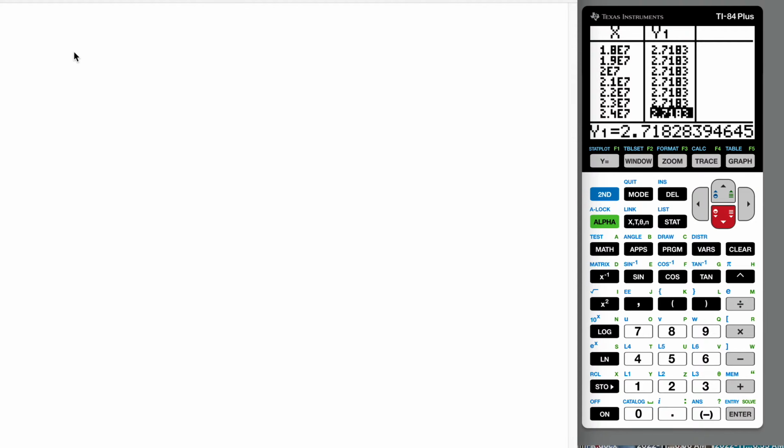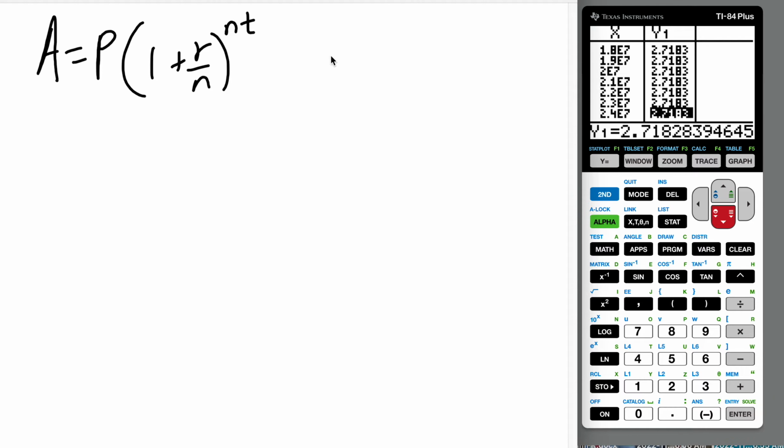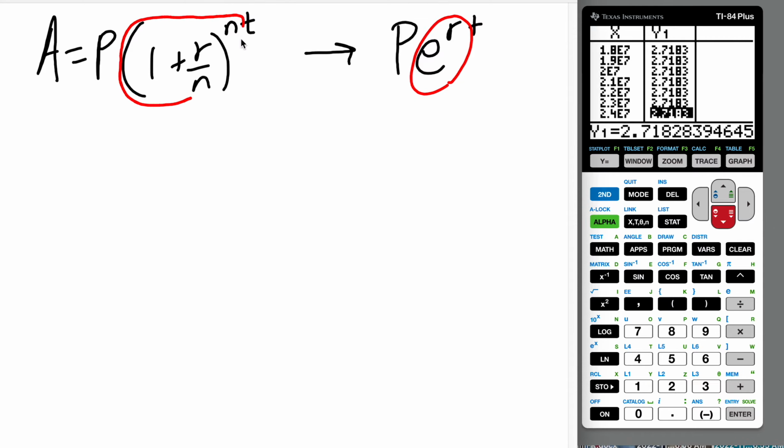So essentially what I need to show, since I have A equals P times (1 plus R over N) to the NT, and I'm trying to show why it becomes PE to the RT, is that this piece and this piece are the same. So the question is, for infinitely large n, how do I get this?